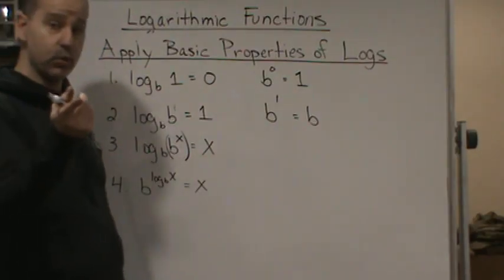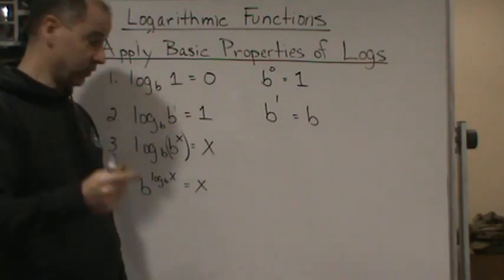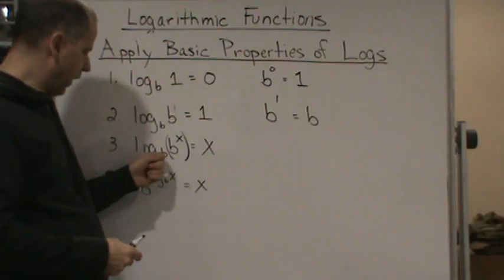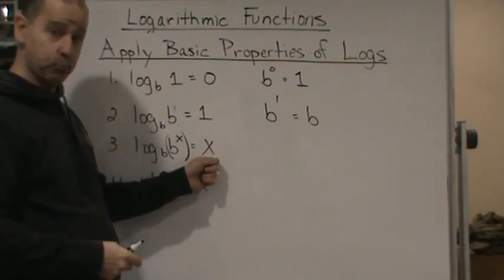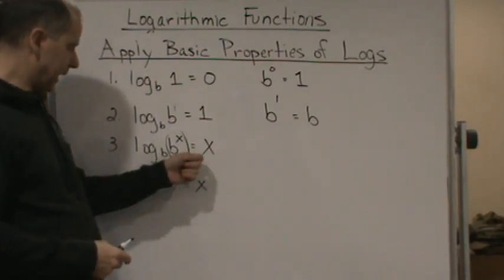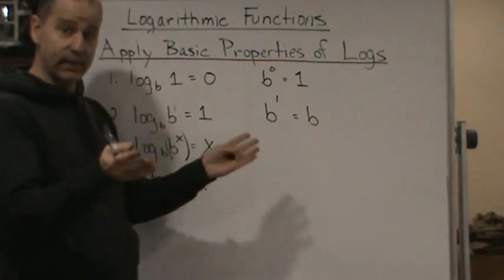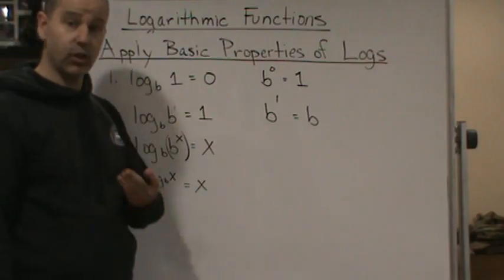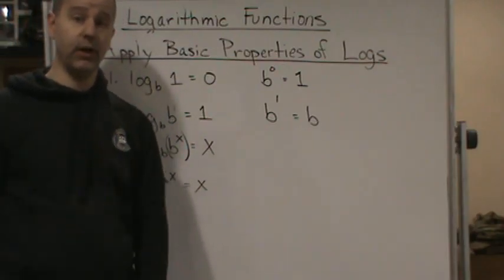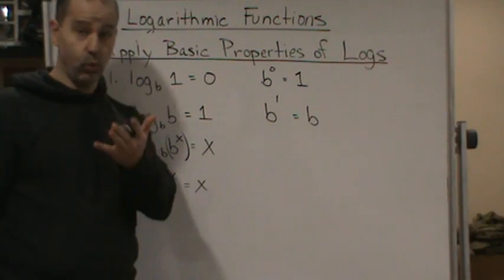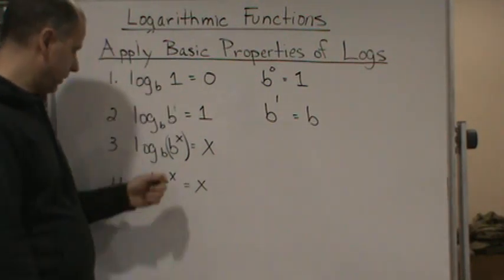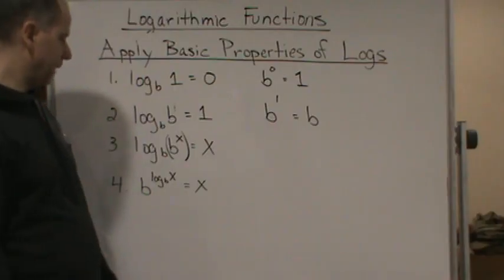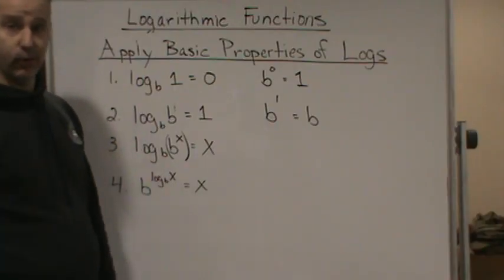Remember about composing functions and inverse functions. The definition of an inverse function is if you compose the 2 functions, you should get x out. So here, you're getting x out. Now, technically speaking, the definition requires you to check both. But remember, exponential functions are one-to-one functions, and log functions are one-to-one functions, so it follows that they're inverses of each other.